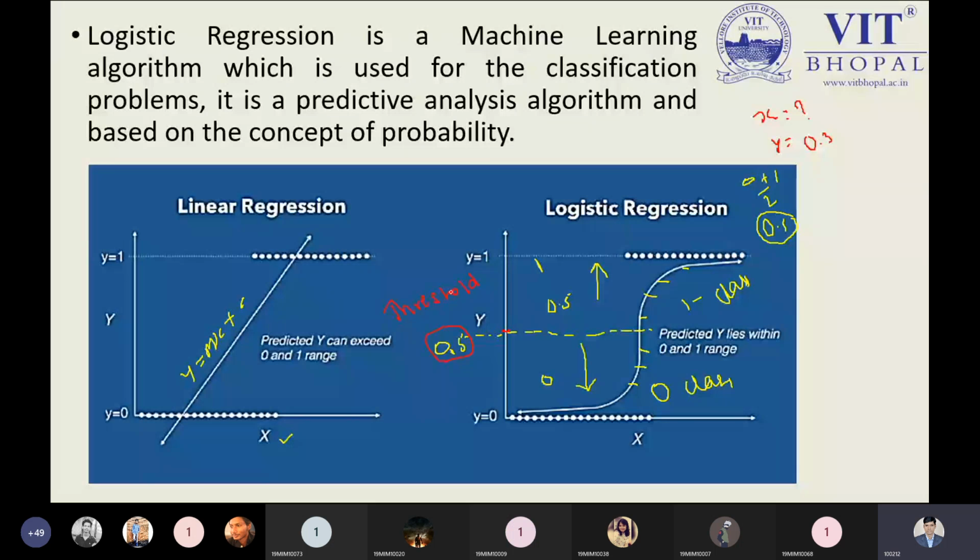Now see what value I am getting: 0.3. And 0.5 is your threshold value.